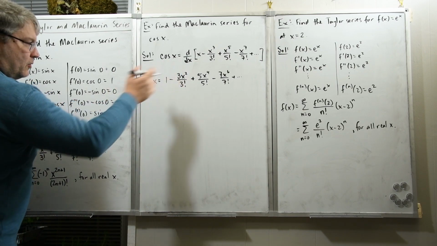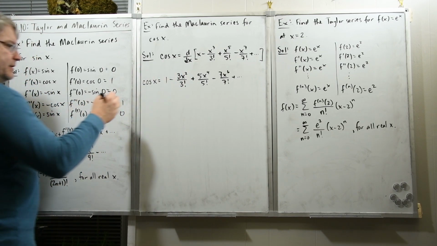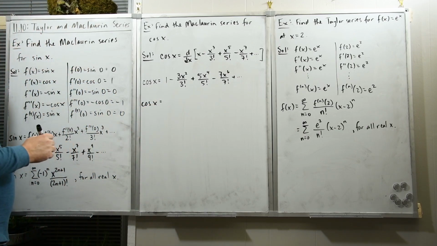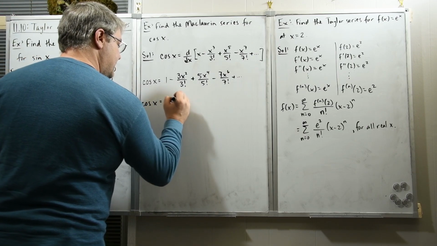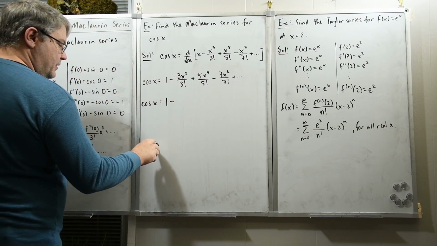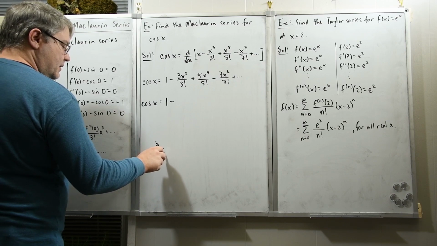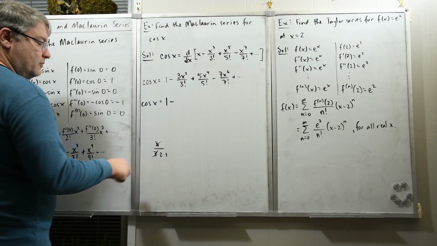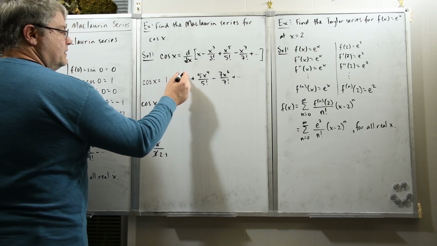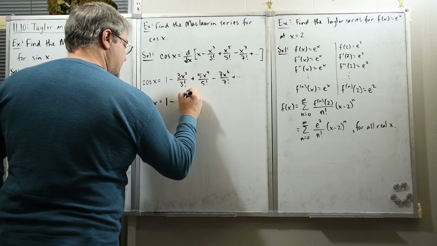But this is not how we're going to leave our representation. You see, cosine of x is equal to 1 minus, and if you take 3 over 3 factorial, well, remember, 3 over 3 factorial is the same as 3 over 3 times 2 times 1. So the 3's will reduce out, leaving you with 2 factorial on the bottom. So you'll have a minus x squared over 2 factorial here.